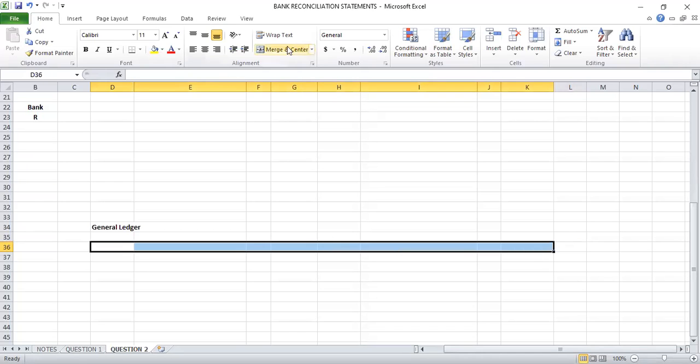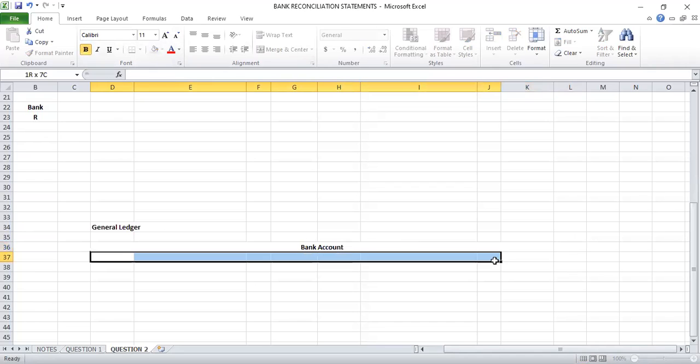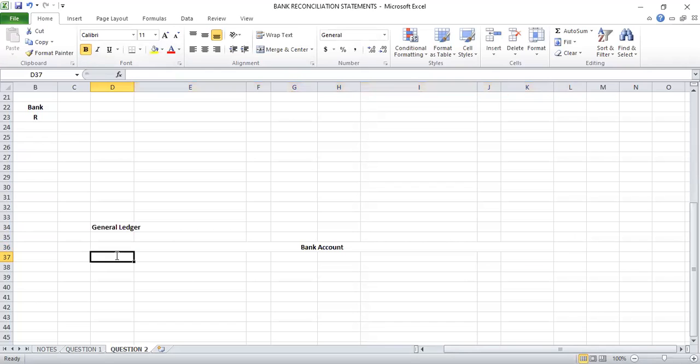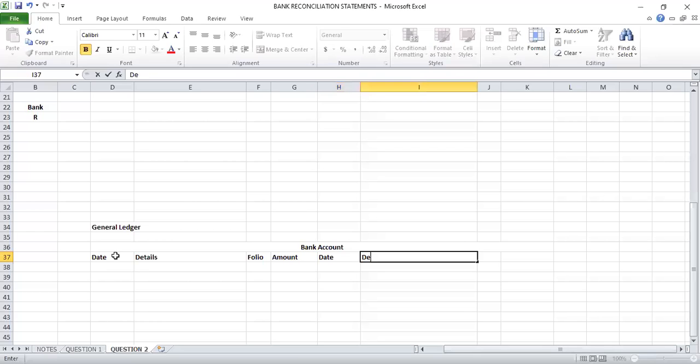Remember how we prepare an account. So we'll have our bank account. Right. Remember in a ledger, we've got the following columns: debts, details, folio, and then amount. We'll have debts, details, folio, and then amount.